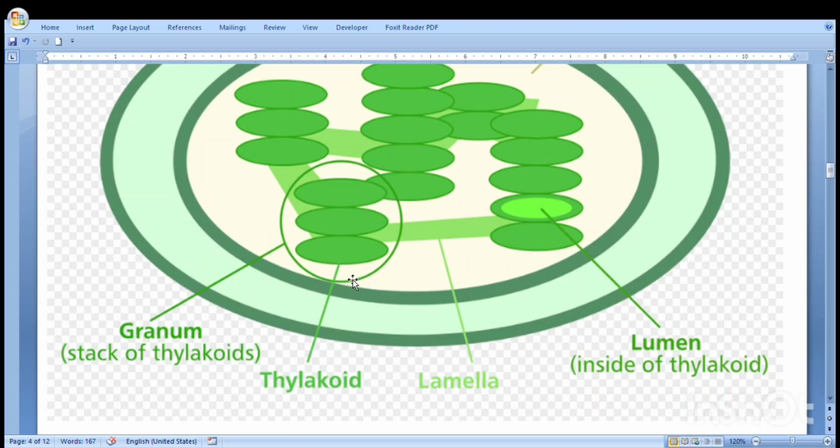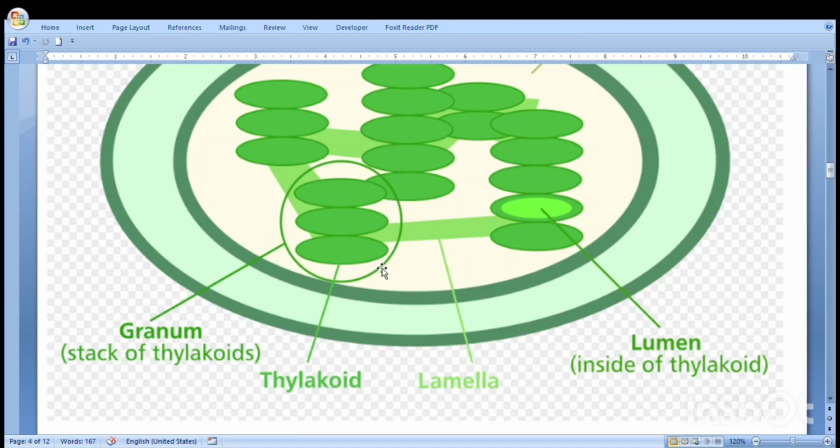This flattened sac is where the light reactions of photosynthesis occur. Where does photosynthesis occur? In the thylakoid area. The flattened sac-like structure is known as a thylakoid. Got it?